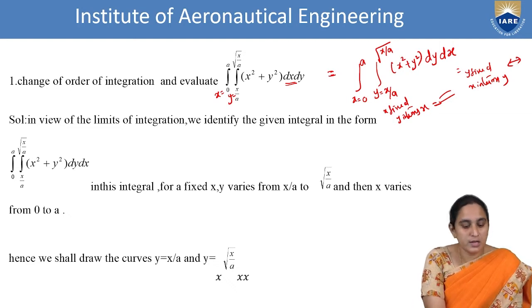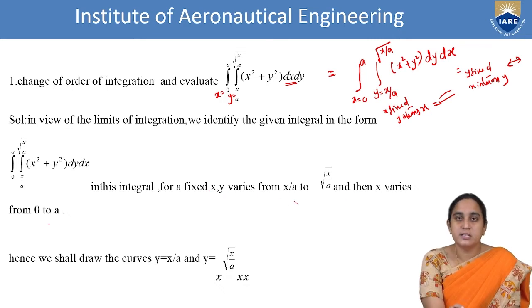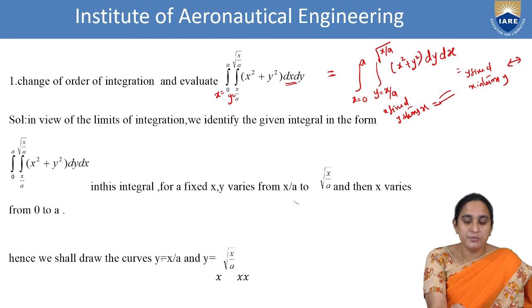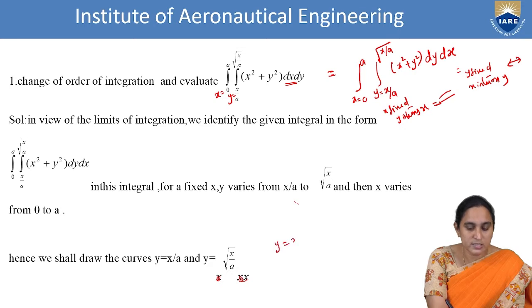Before going through that, in this integral, for a fixed x, y varies from x/a to root(x/a), and then x varies from 0 to a. That is what I discussed now. Next, we shall draw the curves. From those limit points, I am taking the curves. What are the two curves here? y = x/a and y = under root x/a.